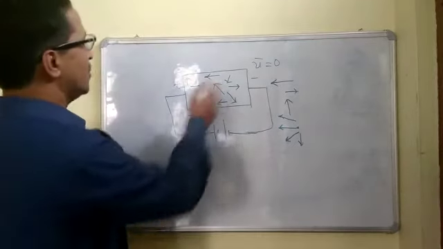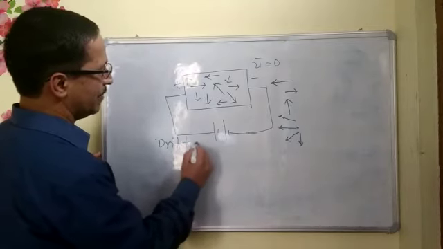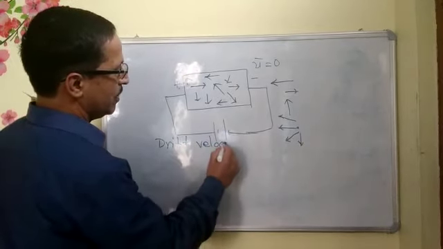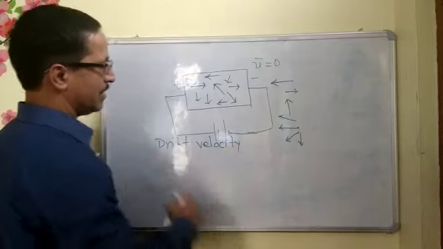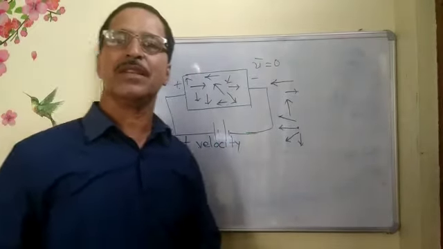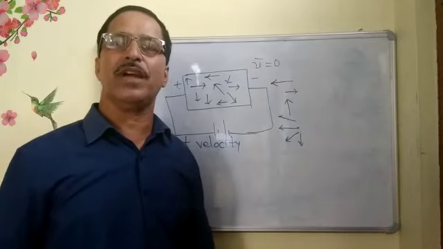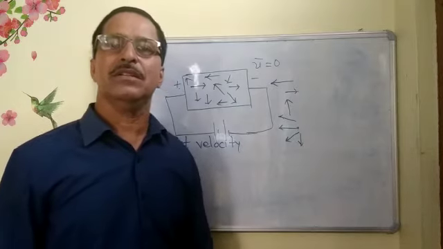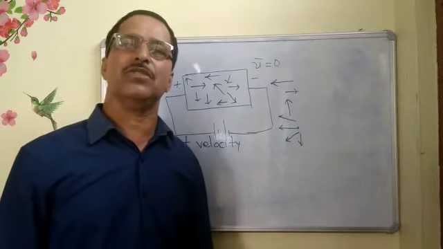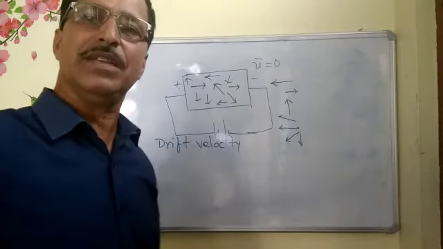This average velocity of electrons on applying the potential difference between the ends of the metallic conductor is called the drift velocity of the free electrons. Now we would like to find an expression for the drift velocity of electrons in terms of the relaxation time of the electrons.